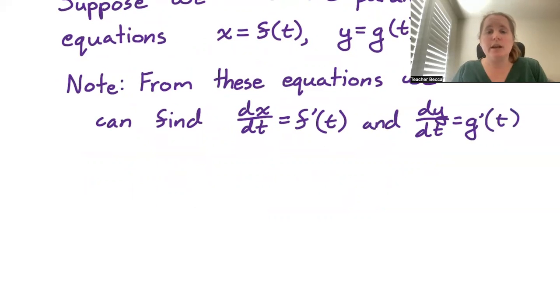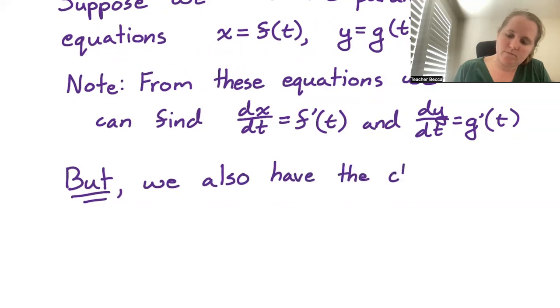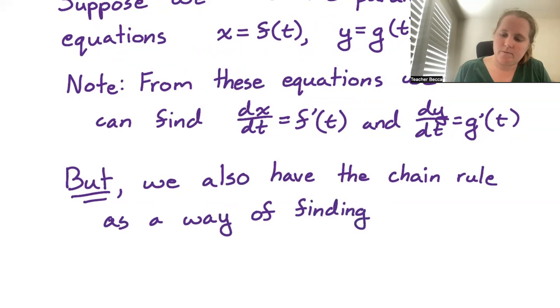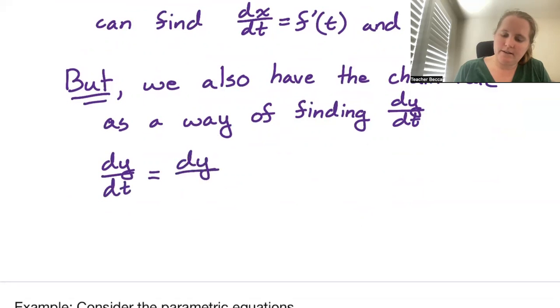But we also have the chain rule as a way of finding dy dt. So the chain rule would say that dy dt should be equal to dy dx times dx dt.